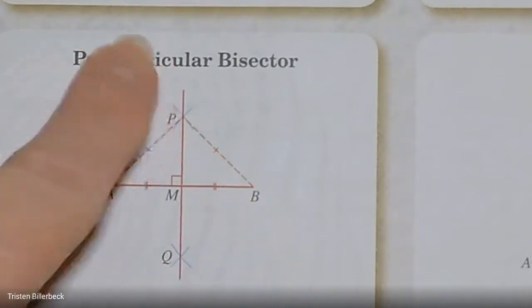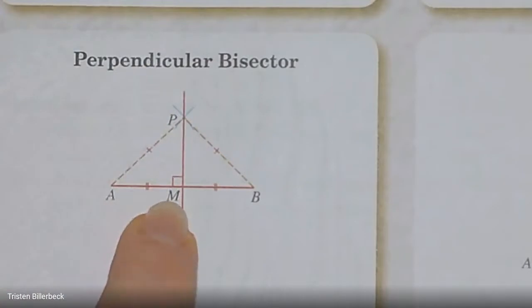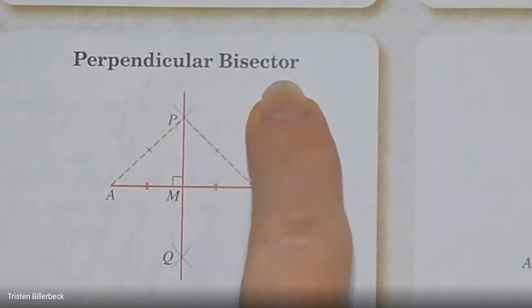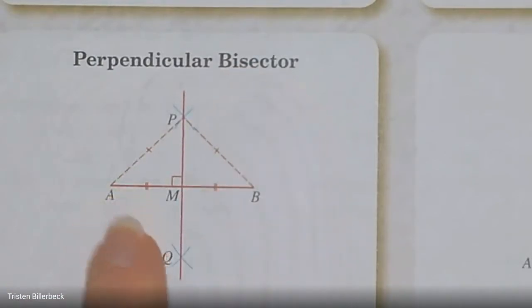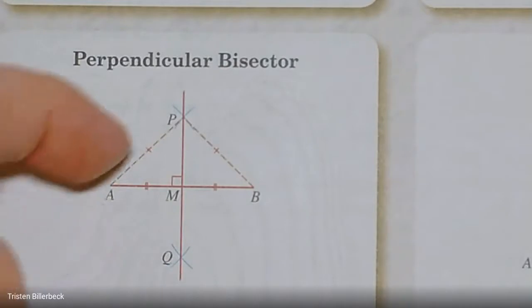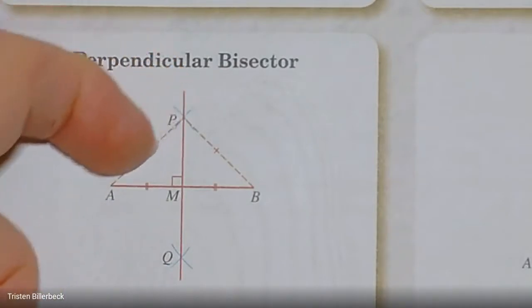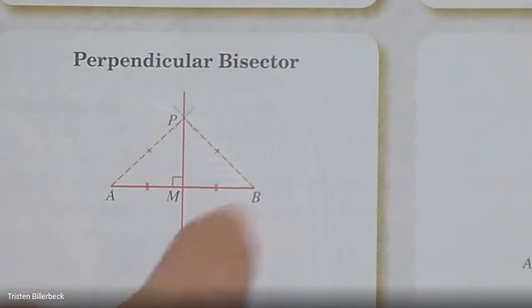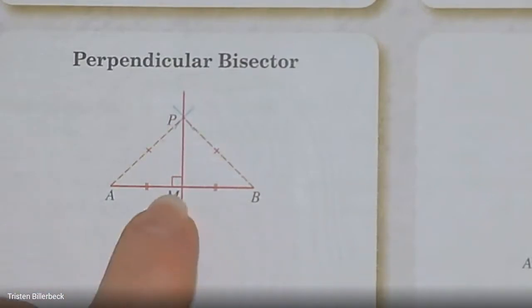And it's perpendicular, so we have a right angle right there. So that's what makes it a perpendicular bisector. We didn't talk about that this line would be congruent to that line, but that is also true. And this right angle here is called the foot of the perpendicular.